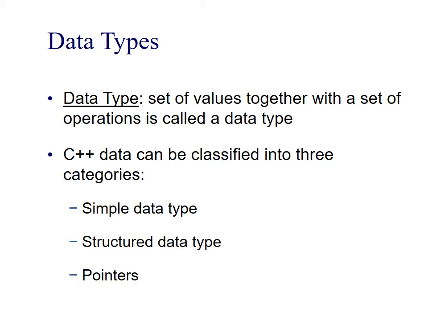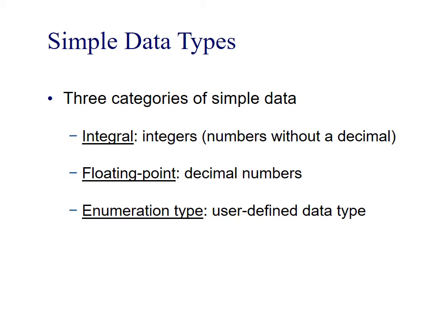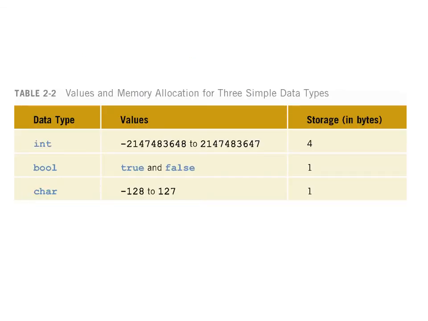Pointers are references that refer to some location, especially a memory location. Let's look at the simple data types. There are three categories of simple data types. Integral means integers without decimals. Then we have floating, with decimals, and enumeration types, which are user defined types. The programmer creates their own user defined types, and that is called enumeration.